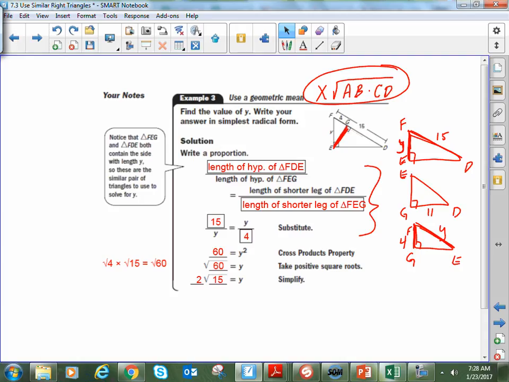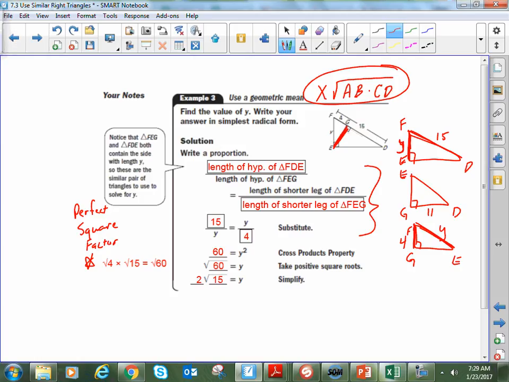You can see off to the side, I'm giving you the discrete steps. What I'm looking at here is what's the biggest perfect square factor of the number 60?